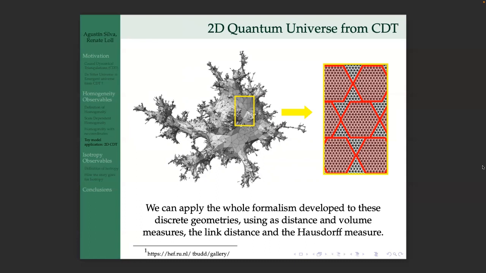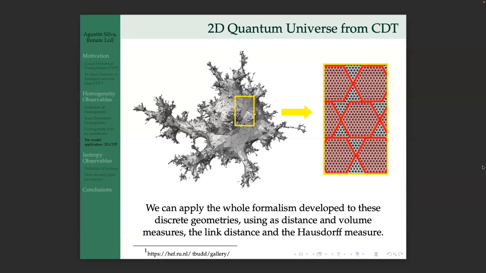This is just an example of the path integral configurations, but one can still apply these observables. One knows how to measure distances in these quantum geometries, which is just the link distance between one point and another. And one can also measure the volumes and the size of these geodesic spheres, which is counting the number of building blocks inside. So again, if you zoom in, you can just construct a geodesic sphere around a point.